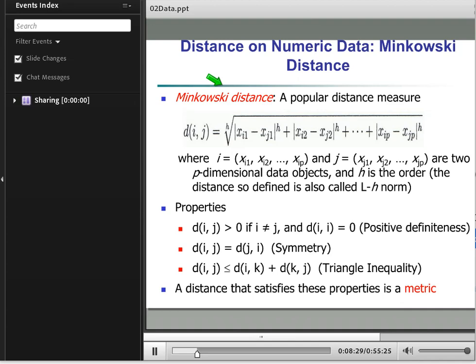If we look for the root of Euclidean distance, we should talk about Minkowski distance. Here, in slide 56, the general formula of Minkowski distance is presented.